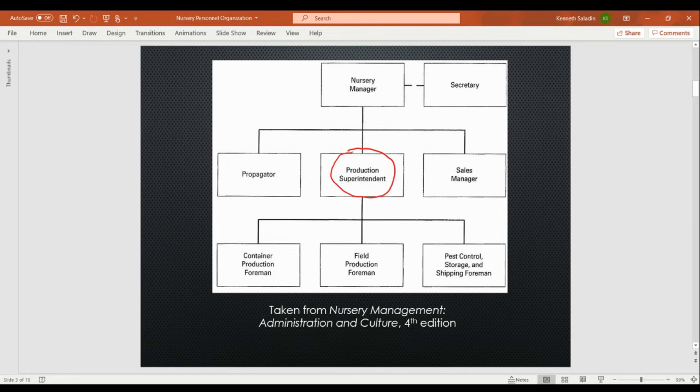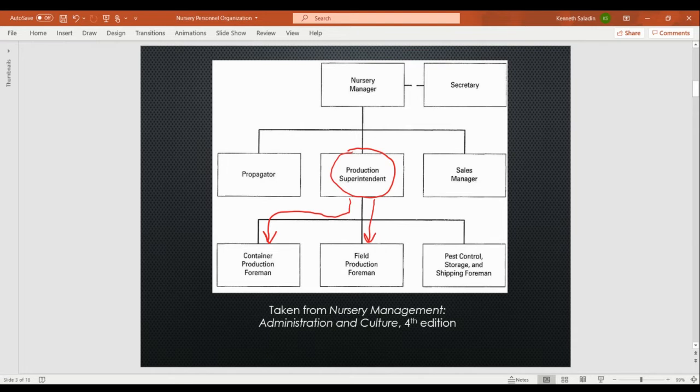There is production in containers, that's over here, but then there's also production in the field. So we might assume that the field production might be balled and burlapped production. And we already know what container production is. So the production superintendent would be in charge of the container foreman and the field production foreman.